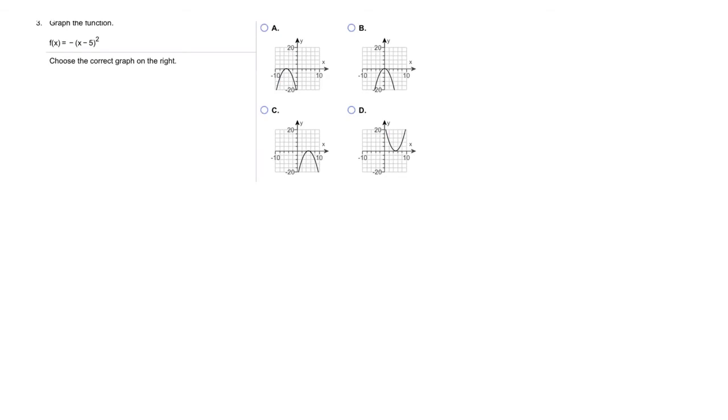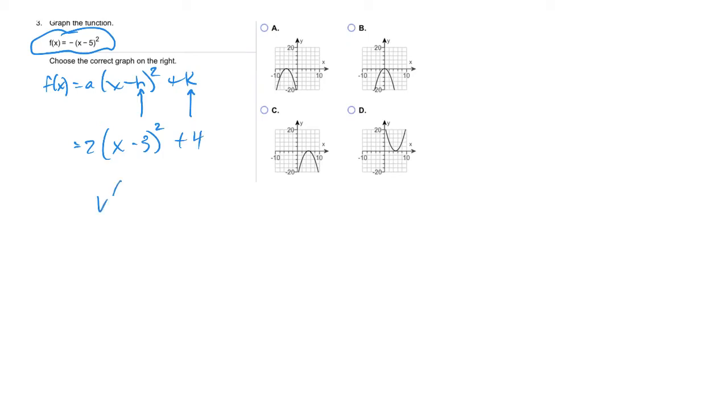One other type of question, this one here, they say graph this one. This one is in vertex form: f of x equals a times x minus h squared plus k. So whatever the h is, you switch the sign, and k is the vertex. So if I had 2 times x minus 3 squared plus 4, my vertex would be a positive 3 and 4.